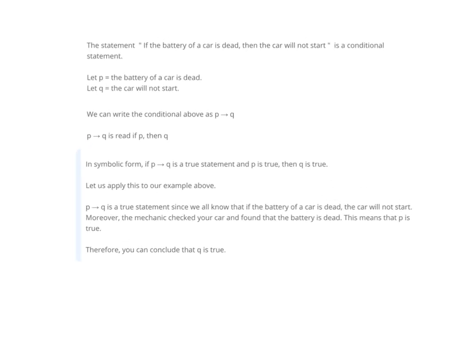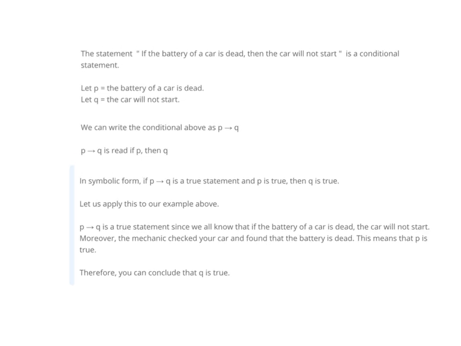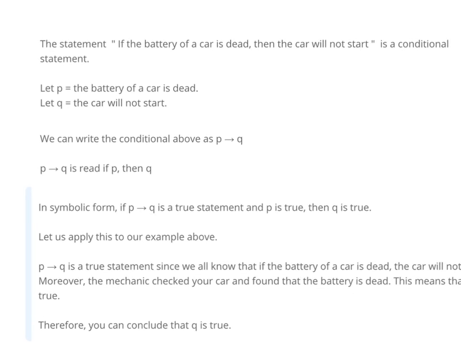So the statement, if the battery of a car is dead, then the car will not start, is a conditional statement. So what would be our hypothesis of this statement? If the battery of the car is dead, so that's our P. Then what's our conclusion?